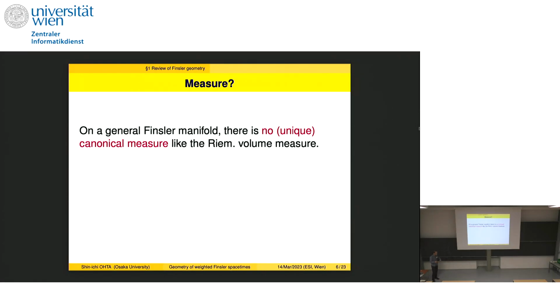I mean, we can mimic the construction of the volume measure in some ways, but then we have different measures in the general Finsler case. In the Riemannian case, they do coincide with the volume measure, but in the Finsler case, there are several ways, and we don't have a unique measure. So this is difficult in the Finsler case.